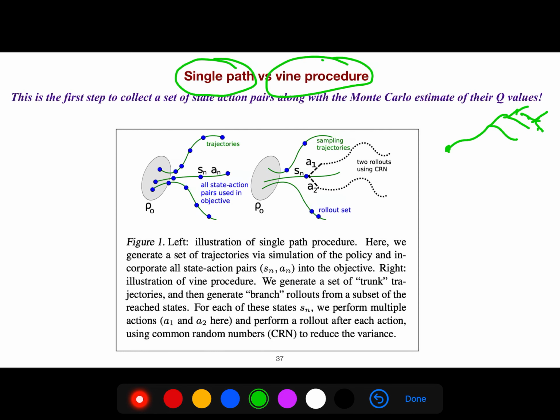The first step is collecting a set of state-action pairs using these, and also their Q values. So this is just the first step, to provide those state-action pairs and, of course, their Q values.